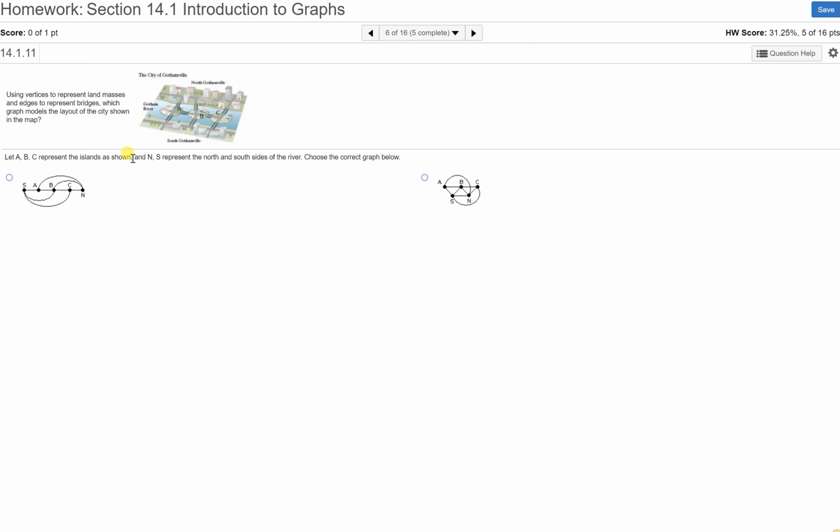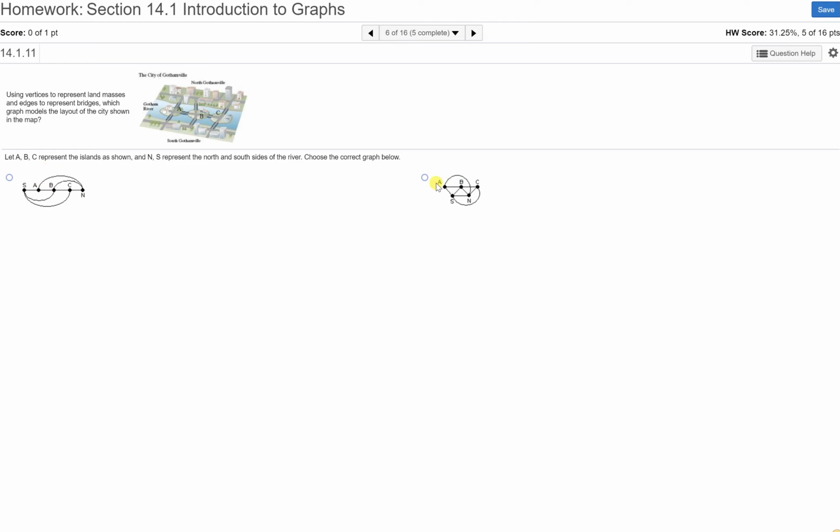Okay. It says here, which of these two graphs will express this correctly? Let's see. I could see A is connected to B and C just once, so like A, B, C, that makes sense. They both have that, good. A is connected to both north and south once, okay, that's right.